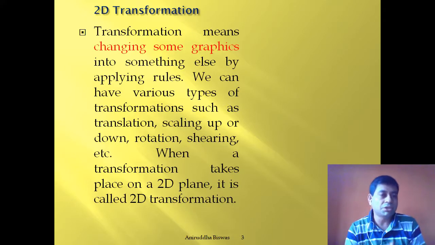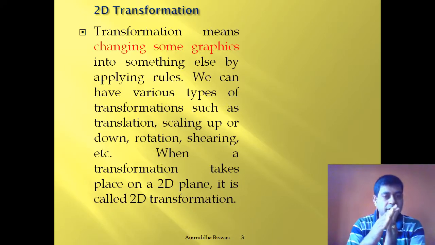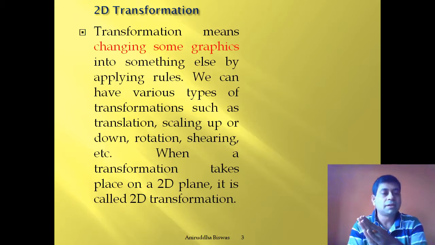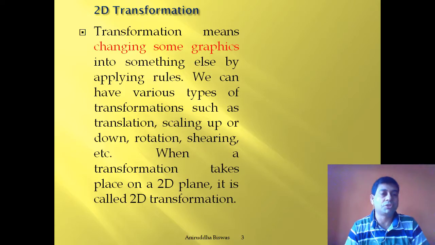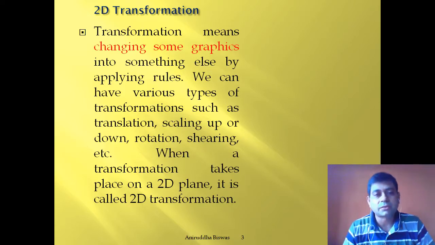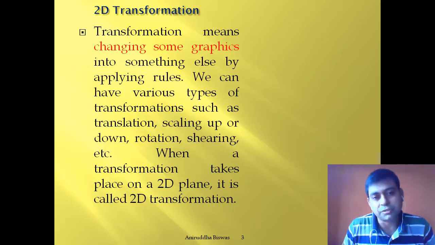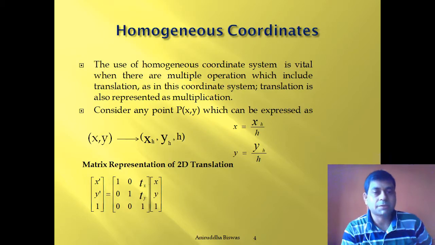Then rotation: if this is the object and it is rotated clockwise or anti-clockwise, all these things come under 2D transformation. Okay, and there are a few more things like reflection and shearing. So let's start our discussion on these topics.